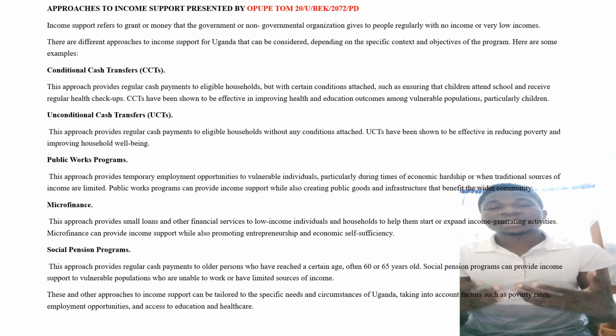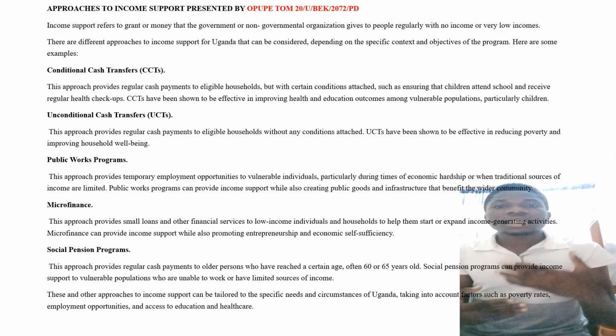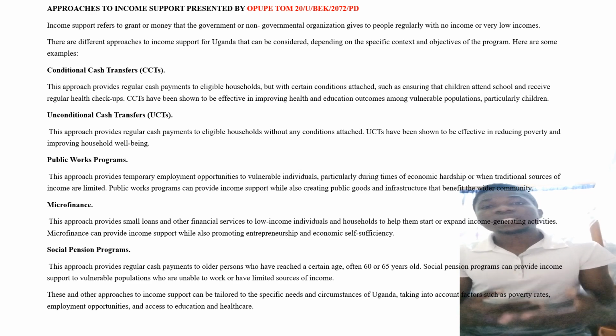This approach simply provides temporary employment to individuals in times of economic hardship, or in times when the daily sources of income have been affected or limited by factors like natural occurrences such as landslides, floods, or wars. In such situations, the government comes in with this approach to provide temporary employment, so that people who have lost their traditional source of income can sustain a living.